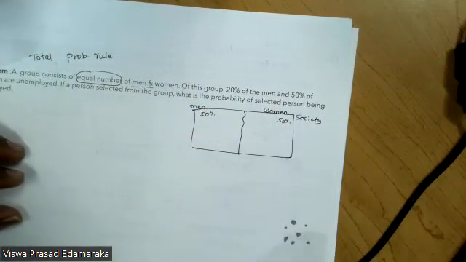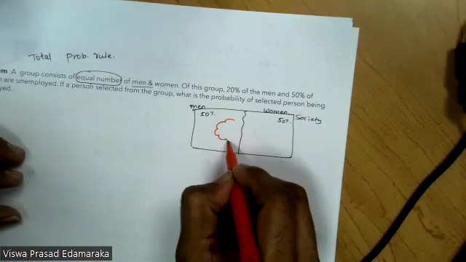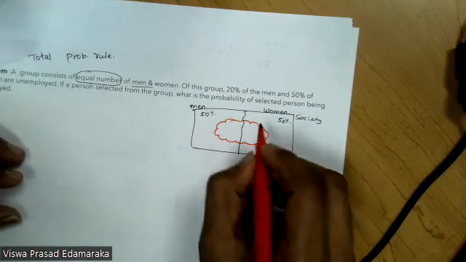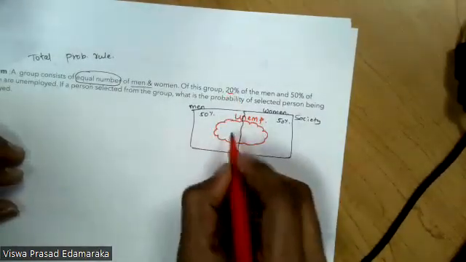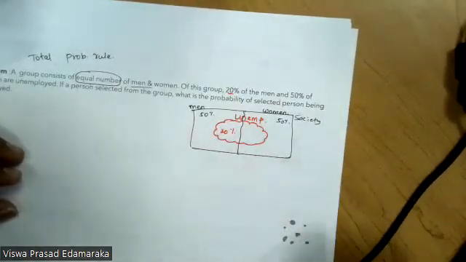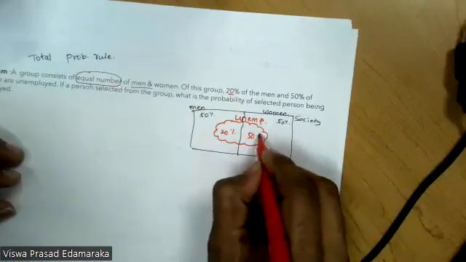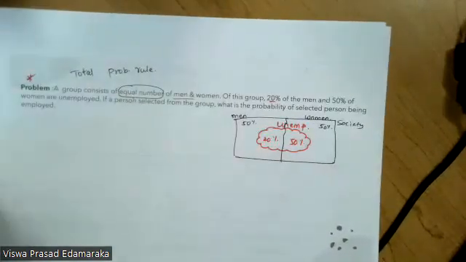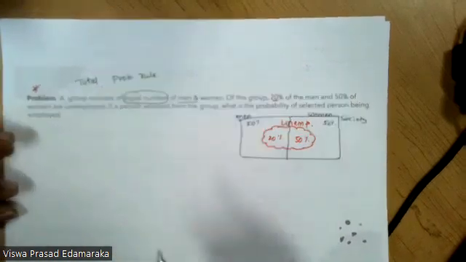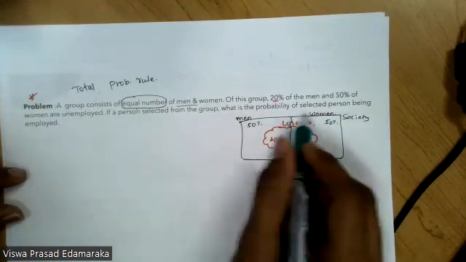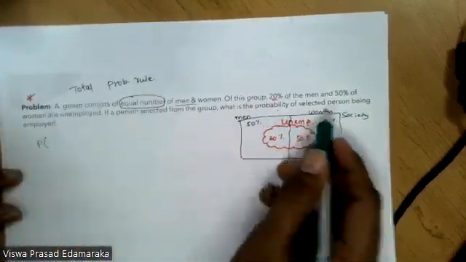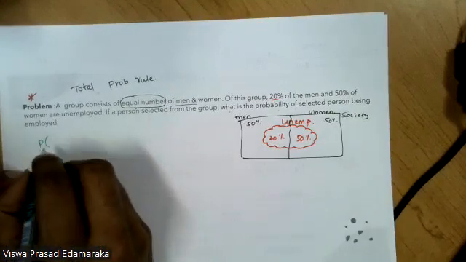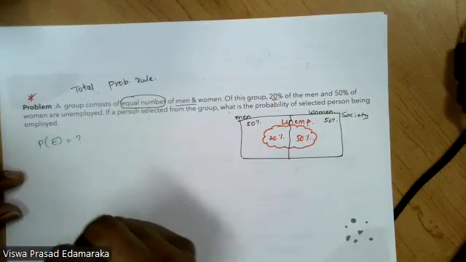Out of 100%, there is an event, that is unemployment. 20% of men are unemployed. 50% of women are unemployed. If you know how to draw this, we can easily find it out. What is the question? What is the probability of the selected person being employed? We need to find out employed.